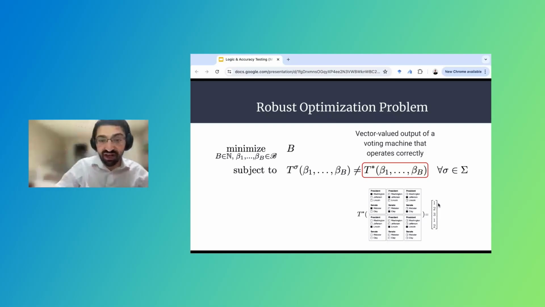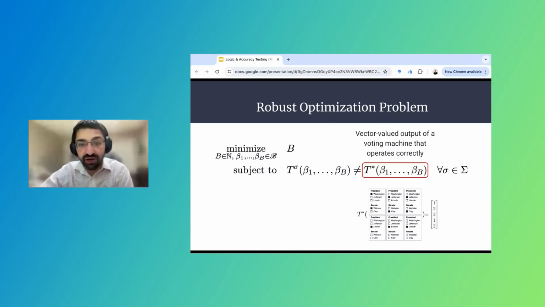Because if it was fed to a machine that operates correctly, it would give one vote for the first candidate, in this case Washington, 2 for Jefferson, 3 for Lincoln, 1 for Webster, 2 for Clay. So T star is the output of that test deck, beta 1 through beta B, if the machine operates correctly.